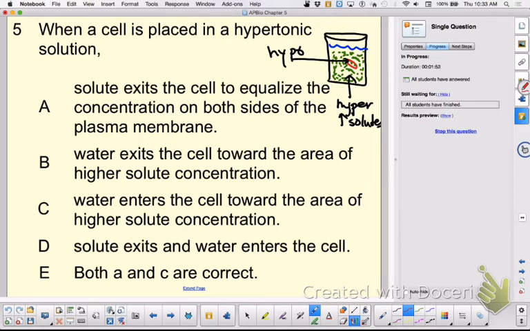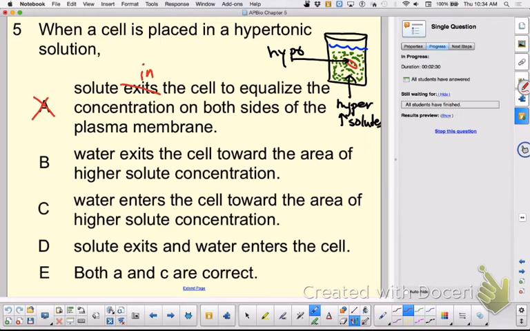It would want to go into the cell, because it's going from where it's more concentrated to where it is less concentrated. So definitely not A. B: water exits the cell towards the area of higher solute concentration. What do you think? Yes.